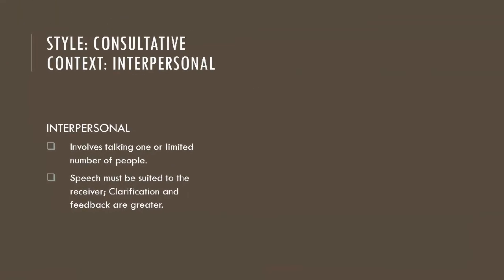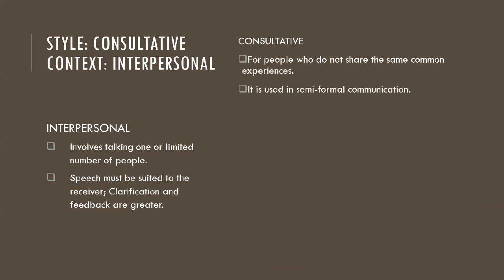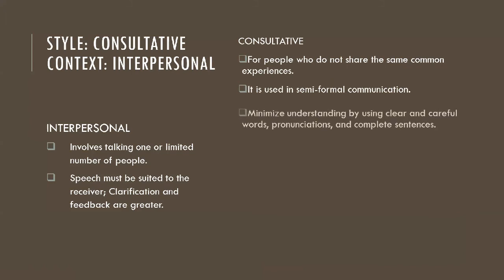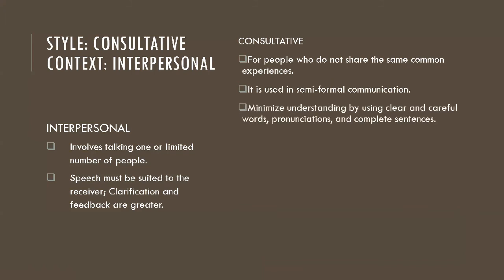The next style is consultative. The context is still interpersonal. Consultative is for people who do not share the same common experiences. It is used in semi-formal communication. Minimize misunderstanding by using clear and careful words, pronunciation, and complete sentences. This style is commonly used between people who do not share the same schema, feelings, or knowledge.